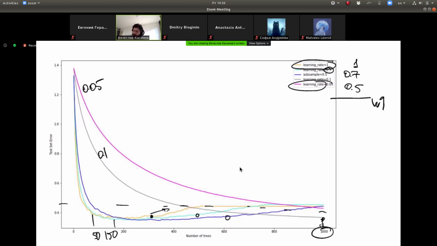This is again a trade-off. Here is the number of trees, here is the error. You can reduce the error to the same level with 150 trees here and 1,000 here, so you need to use cross-validation.